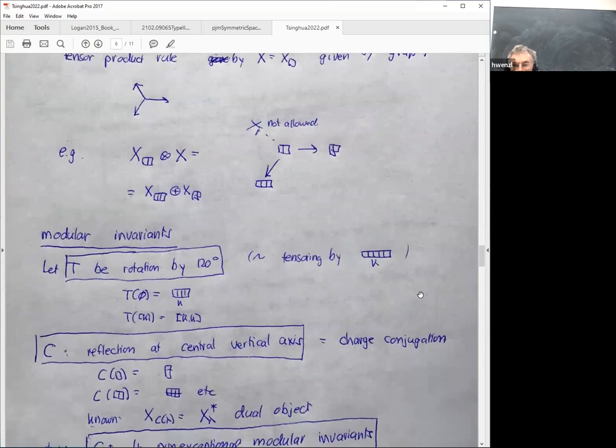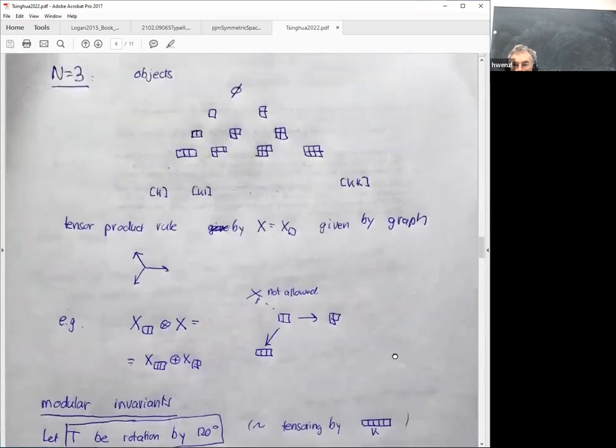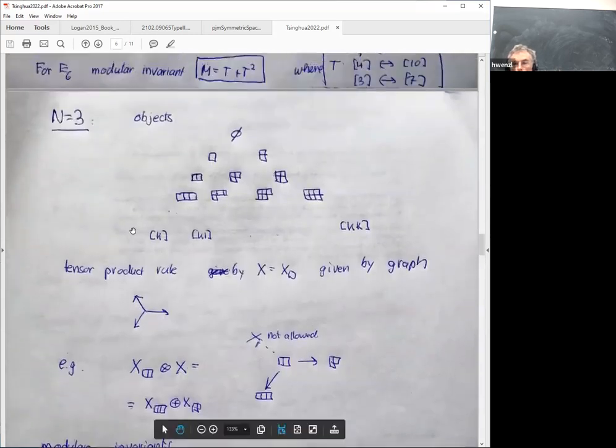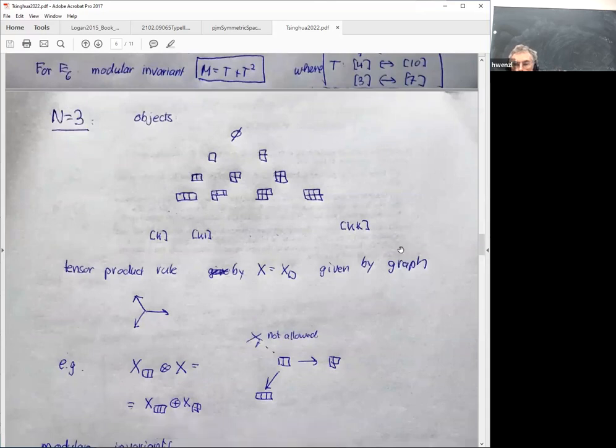So what are the modular invariants here? We already see that this triangle has some nice symmetries, and the non-exceptional ones are closely related to these symmetries.